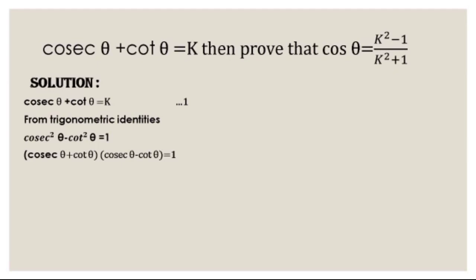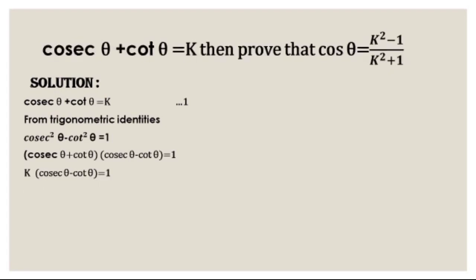Cosecant theta plus cot theta is equal to k, so k into cosecant theta minus cot theta is equal to 1. Transpose k from LHS to RHS, then cosecant theta minus cot theta is equal to 1 by k. This is equation 2.